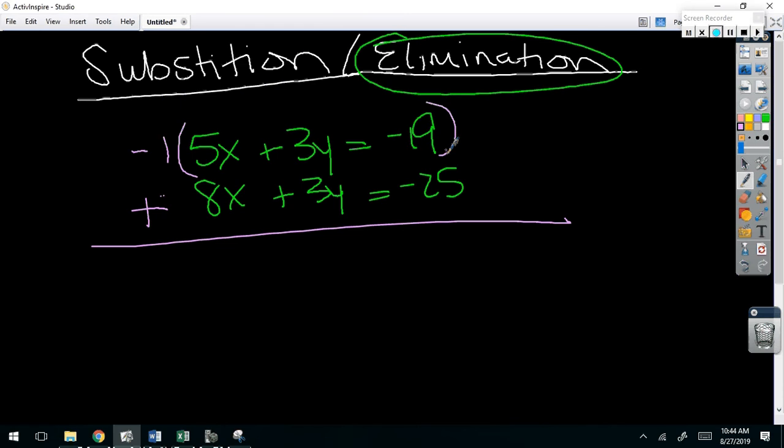Multiplying one through by -1 is going to allow this to be negative and this to become positive, so that whenever I add these together, the y's are just going to go away, which is what I want because I want to completely isolate one of the variables. So now negative 5x and 8x is what? 3x. Negative 6.